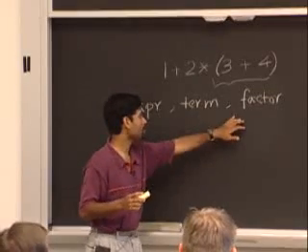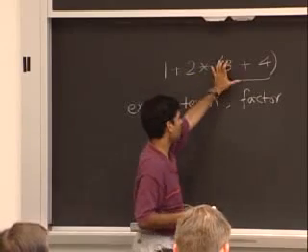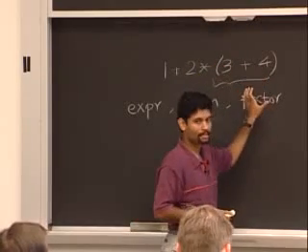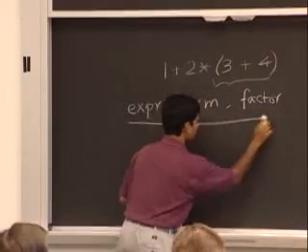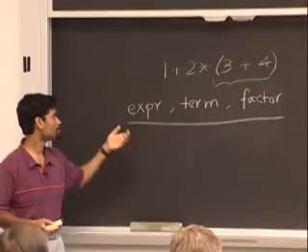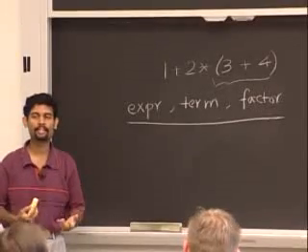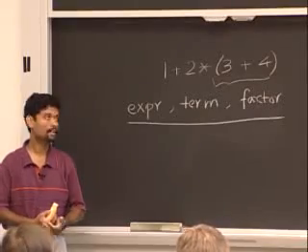And a factor is something that you multiply. So 2 is also a factor. This parenthesized expression is a factor. So I'd like people to suggest productions. What rules should I have here? I'll start you off.